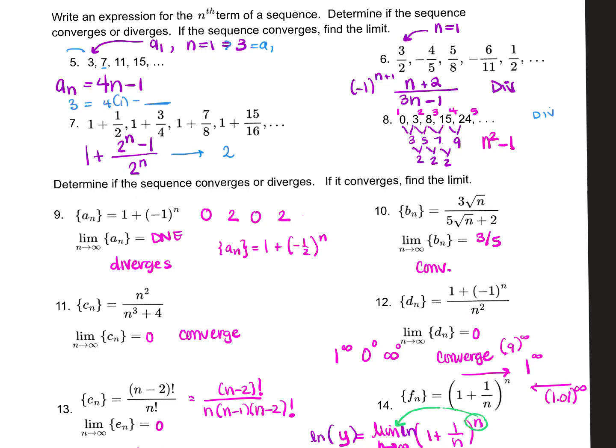So the top is going between 0 and 2, 0 and 2, but this bottom's getting infinitely bigger, so the ratio goes down to 0, and therefore the sequence converges. We can factor some factorials, converges, and this was the fancy limit we've talked about before. It's just e, so therefore the sequence converges.